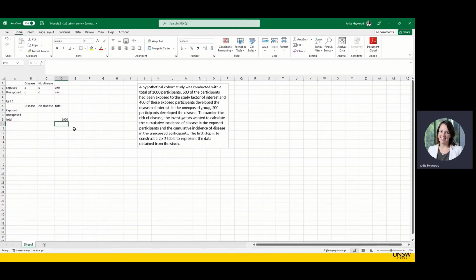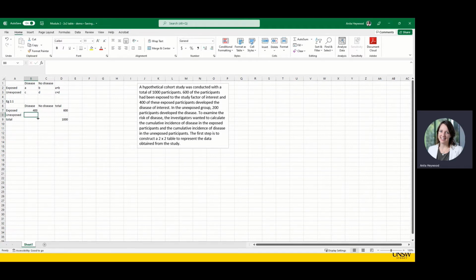So our total is 1,000. 600 of the participants have been exposed to the study factor of interest. So if we go along our exposure, the total exposed are 600. And in this case, 400 of those exposed participants developed the disease of interest. So of those exposed, there's 600 of them and 400 developed the disease of interest.